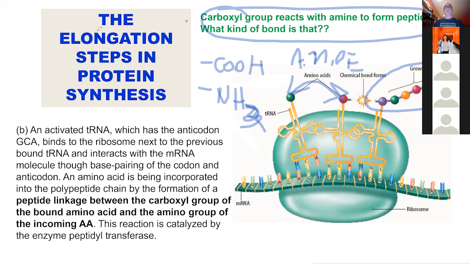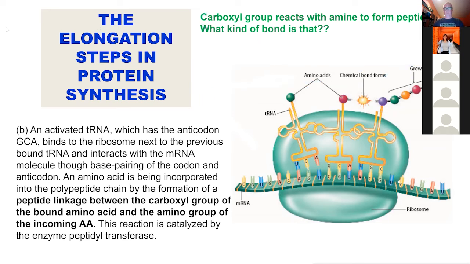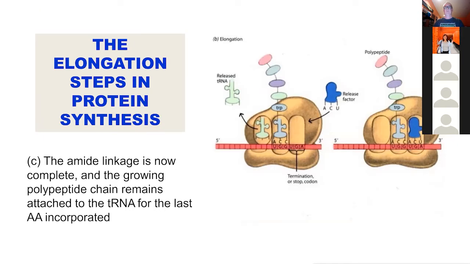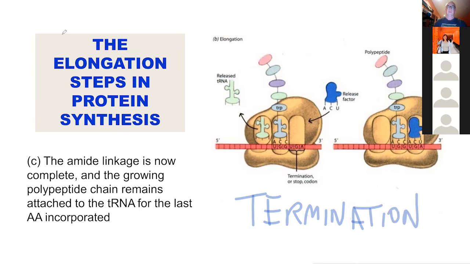Now, when does it stop? Well, it stops when you finally come to a particular codon, a termination codon. Once you come to a termination codon, there's no transfer RNA that recognizes that particular sequence.